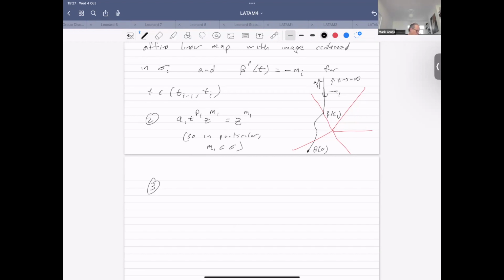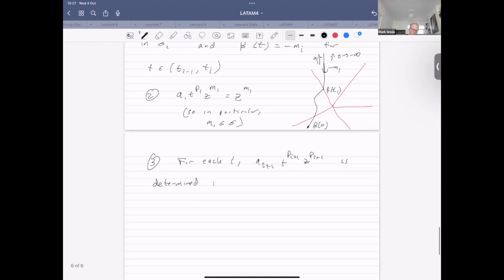Okay, so for each I, the A_{i+1}, T^{p_{i+1}}, Z^{m_{i+1}} is determined from A_i T^{p_i} Z^{m_i}.